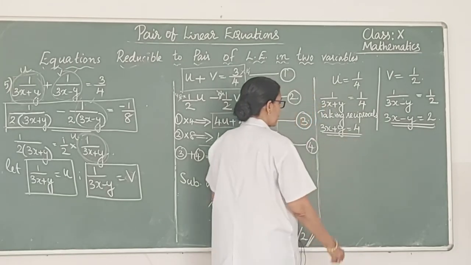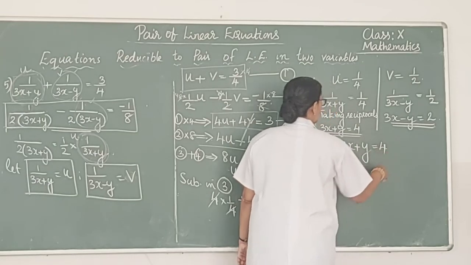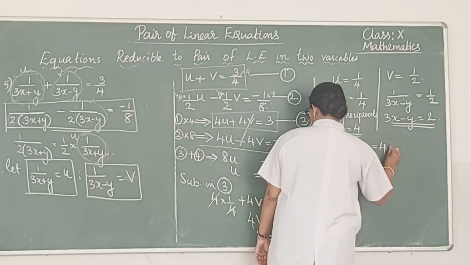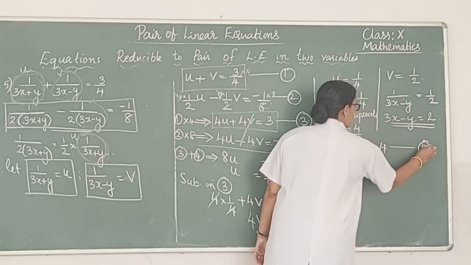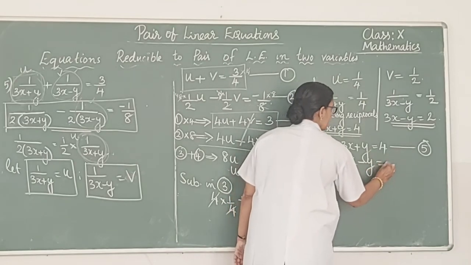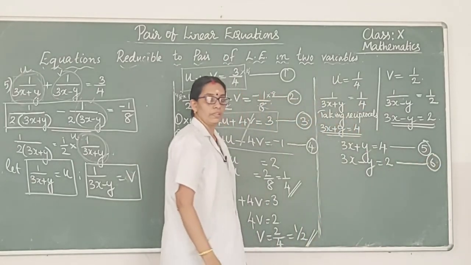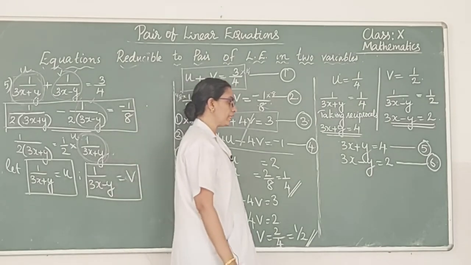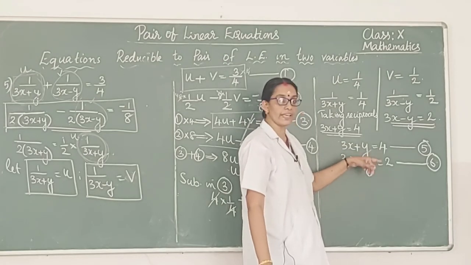What are the equations? 3x plus y is equal to 4, that we can take as equation 5, and second equation 3x minus y is equal to 2. This is equation 6. Which method will be easy? See here, coefficients are equal.